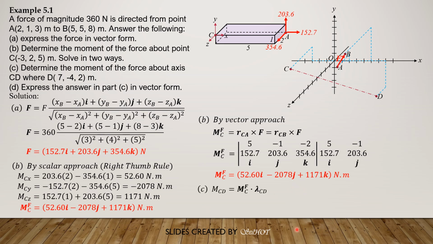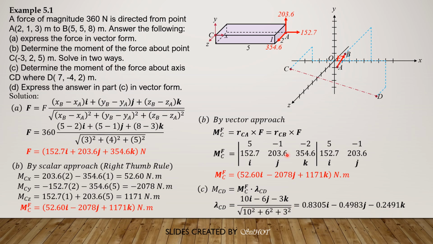Then for part C, the moment about CD is equal to the moment of the force about point C dotted with the unit vector of CD, where the unit vector of CD is equal to 10i minus 6j minus 3k divided by the square root of 10 squared plus 6 squared plus 3 squared, or 0.8305i minus 0.4983j minus 0.2491k.